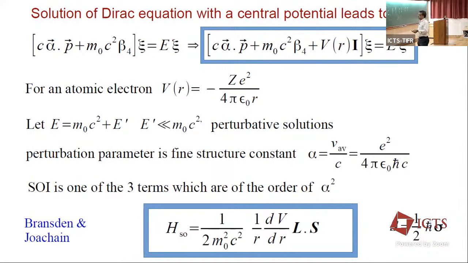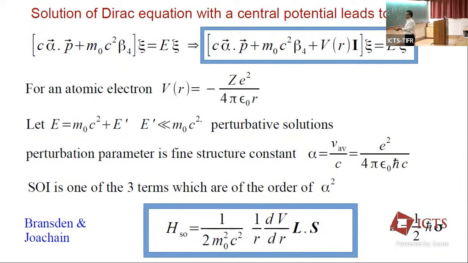You can look at Bransden and Joachain, Physics of Atoms and Molecules, for the derivation. These are a little lengthy derivations, but easy to follow because these are first order equations. You just manipulate mathematically.